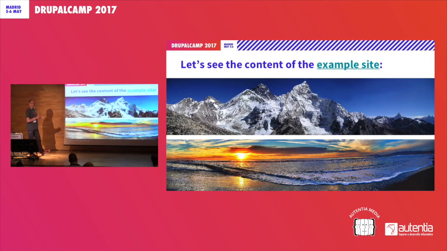So there we have a problem. We are going to see the solution in a moment. And now I'm going to show another scenario. And I'm going to show the content of an example site.